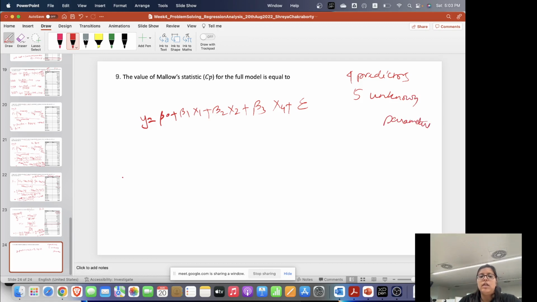So here in this case our p would be 5, and we have seen that in case of a full model, Cp is equal to p. So our answer is 5.